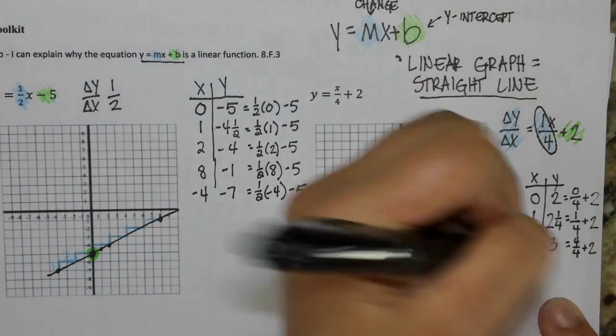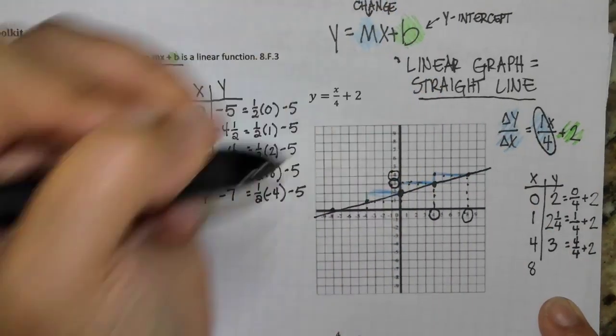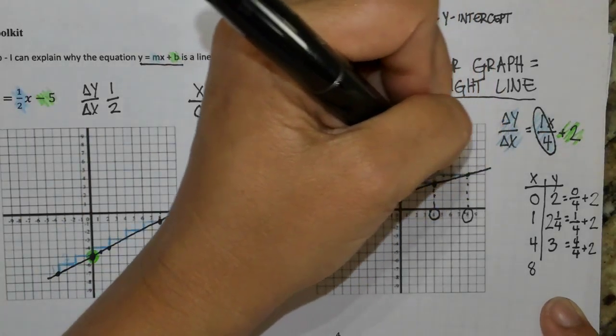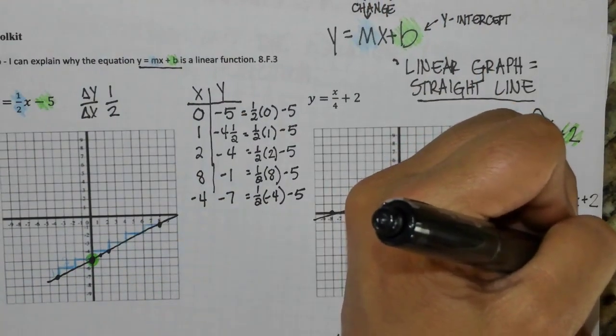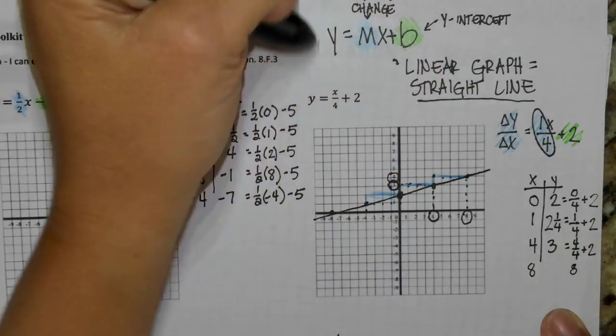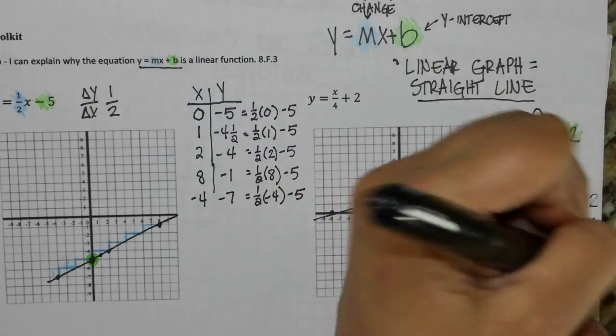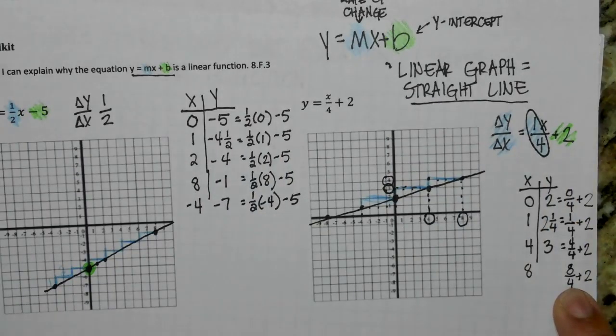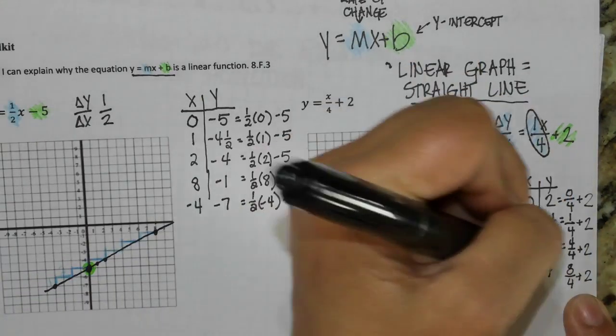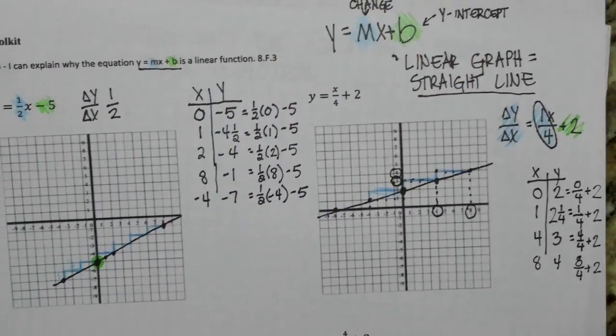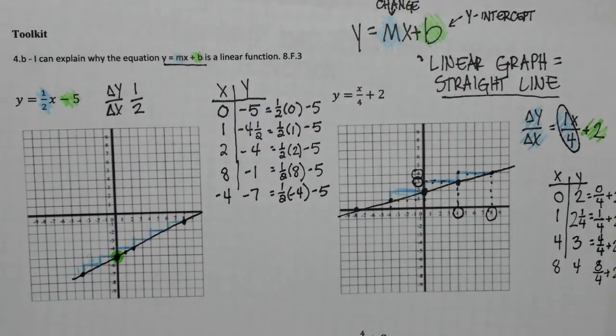So if I put in the input 8, I should get out the output of 4, right? Because that's where that value is right there. And so 8 is being inputted in for my x. 8 divided by 4 plus 2. 8 divided by 4 is 2, plus 2 gives me 4. Okay? And so we're seeing that if we graph that equation, it's straight.